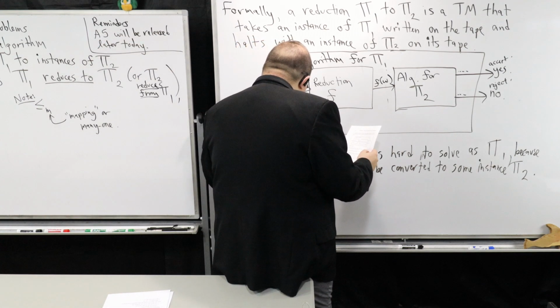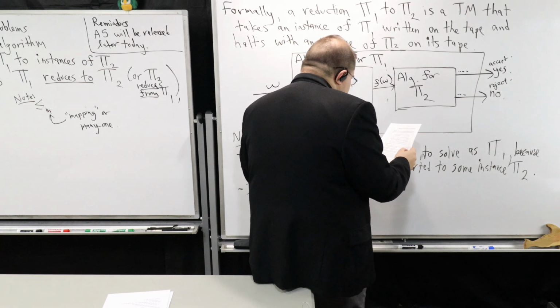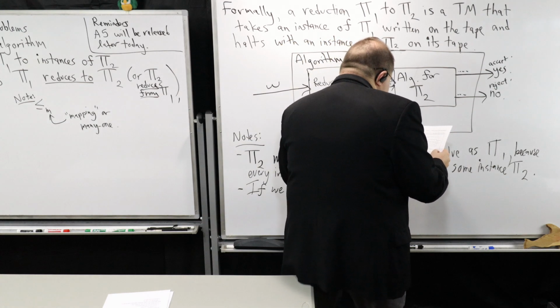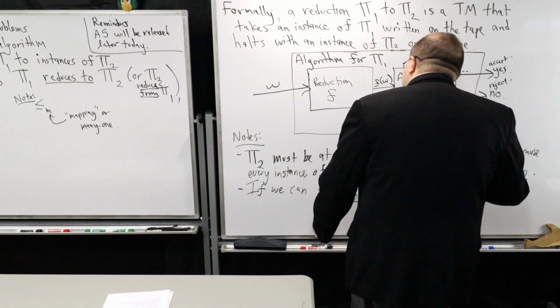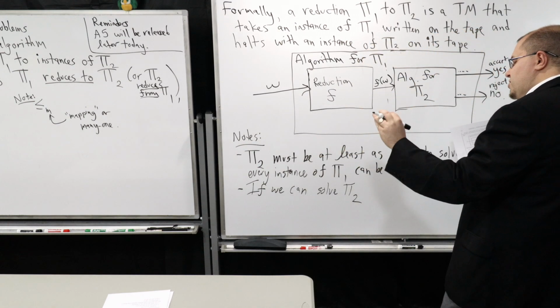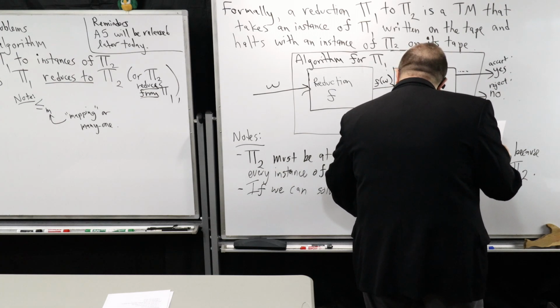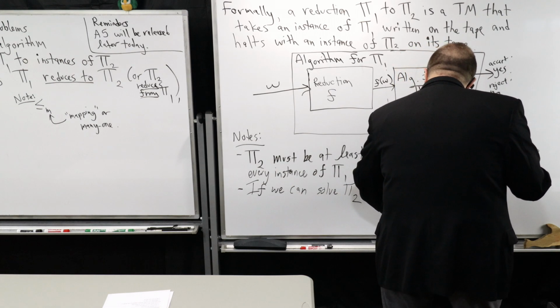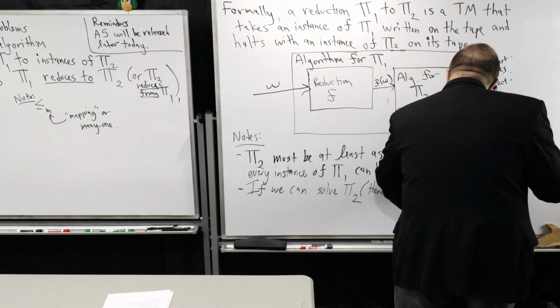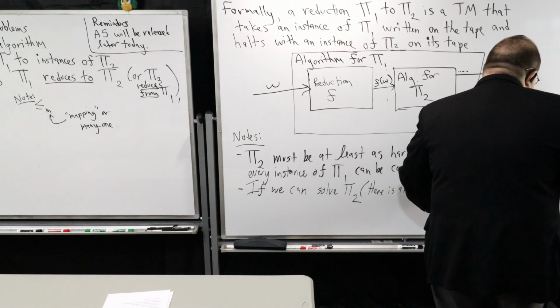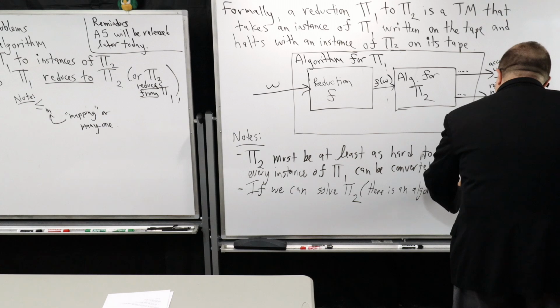So if we can solve pi 2, as in there exists an algorithm that solves pi 2, just to be clear, I'll mention this. There is an algorithm that solves pi 2.